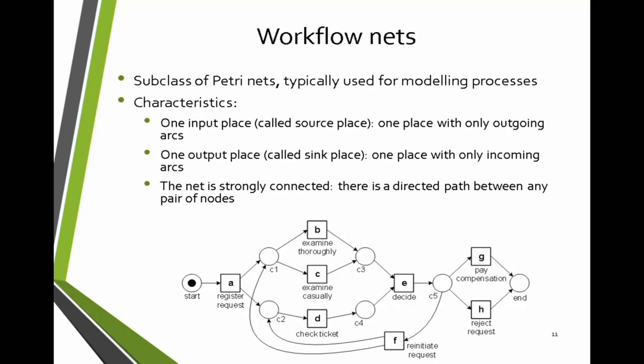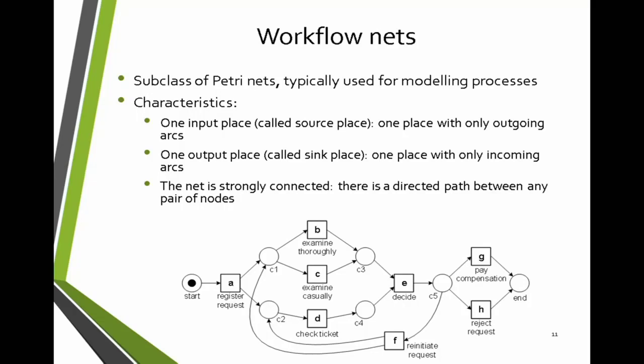The problem with this definition is that there is a hidden assumption. Suppose that I ask you, for every pair of activities, is there a directed path between E and A? No, there is not. I cannot go back, so there is no directed path between E and A. So you could say this is not strongly connected.